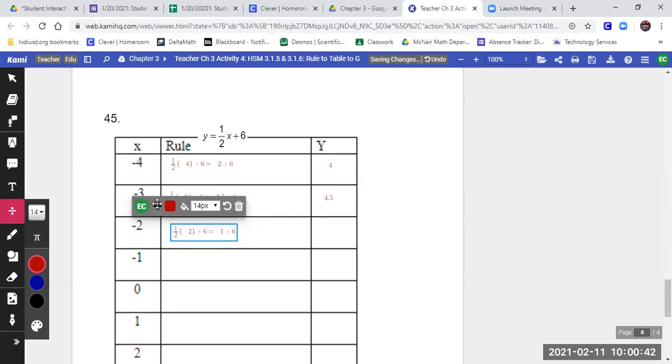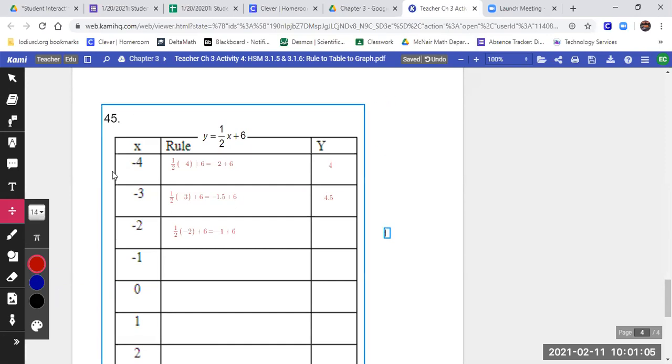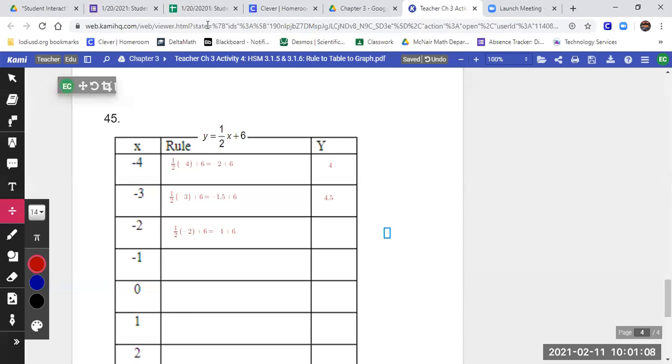So what would we get for our final answer with -1 plus 6? Five.